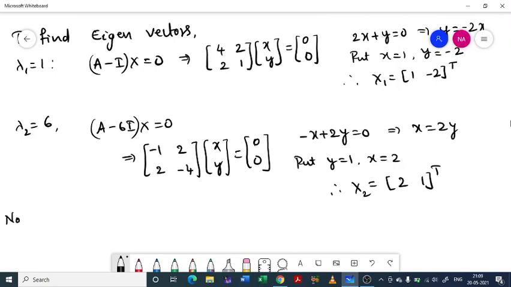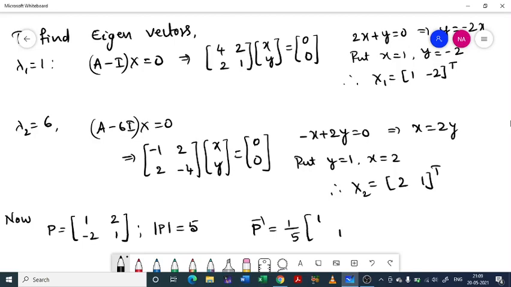Now capital P will be: first column will be the first eigenvector (1, minus 2), second column will be the second eigenvector (2, 1). So determinant of P will be 1 plus 4, so it will be 5. So P inverse will be 1 by 5 times [[1, minus 2], [2, 1]].